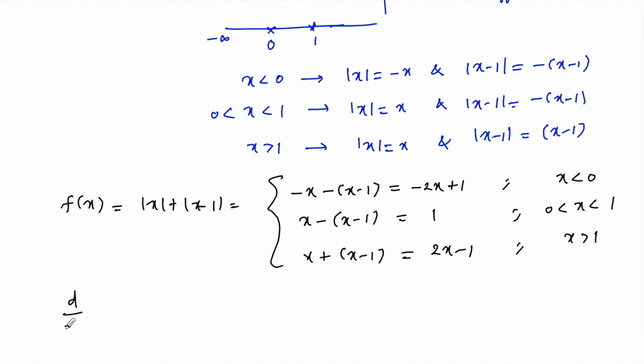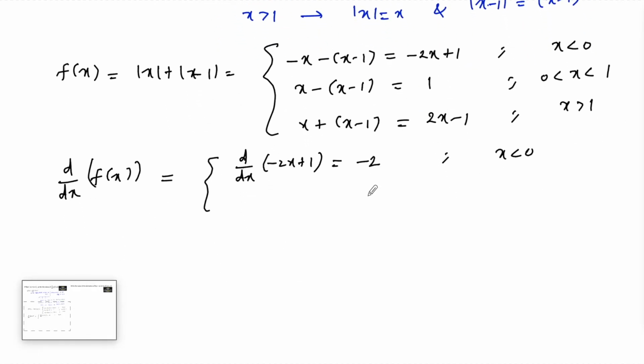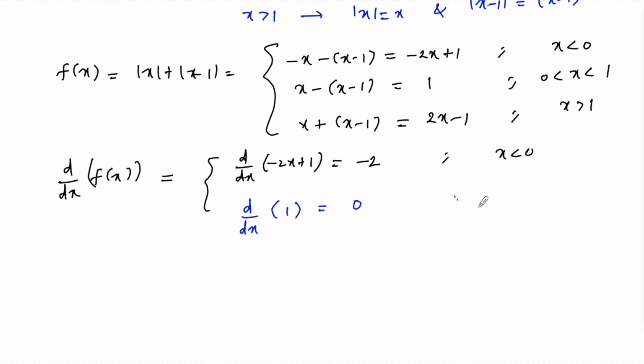Then the differentiation of f of x in the three cases is equal to d by dx of minus 2x plus 1, which is negative 2 for x less than 0, and differentiation of the second part, d by dx of constant is 0 for x lies between 0 and 1, and the third part d by dx of 2x minus 1, which is equal to 2 for x greater than 1.